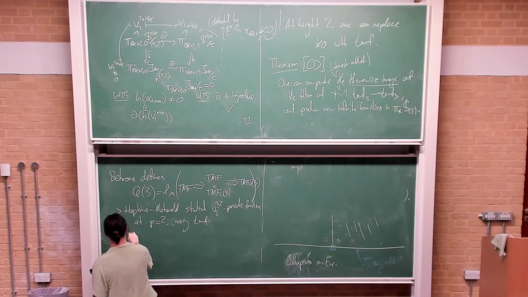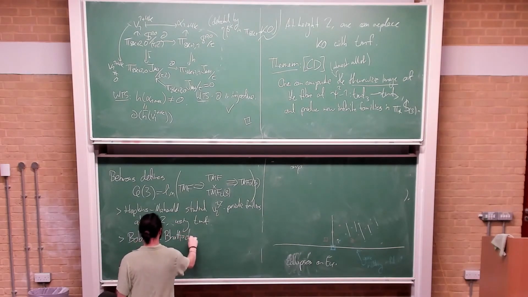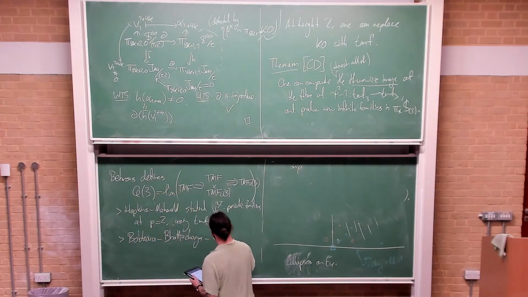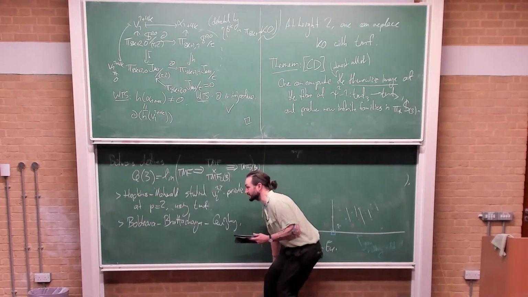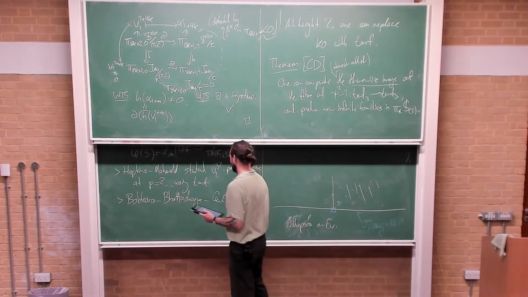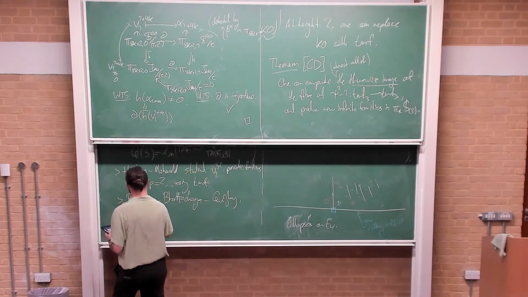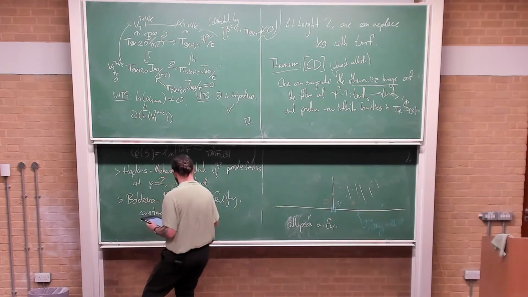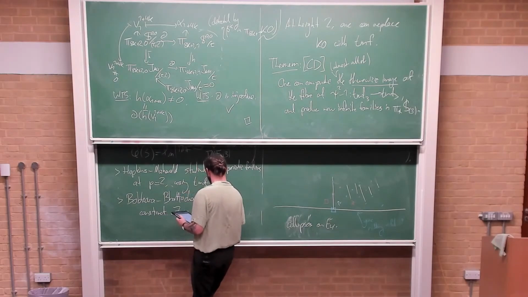There's also a paper by Bobkova, Bhattacharya, and Quigley, where they use TMF to construct even more, to construct more periodic families. So these guys construct 7 new V2 to the 32 periodic families.